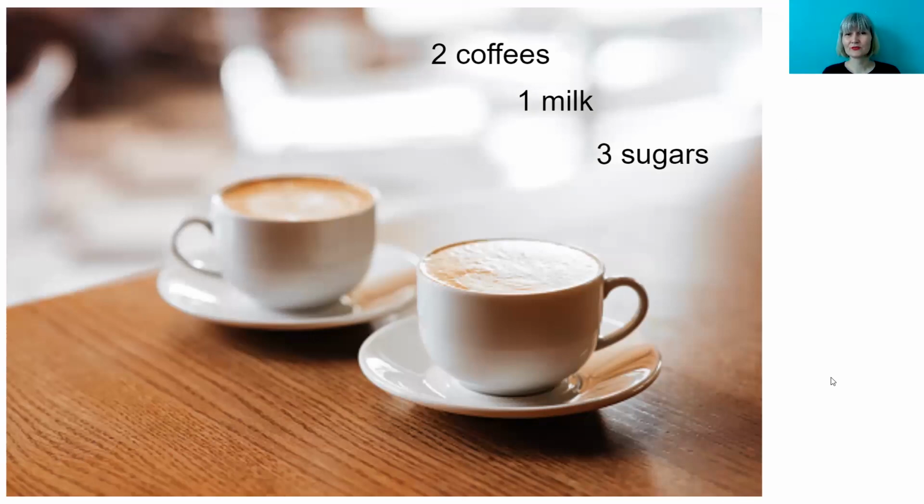И единственное, о чем бы я хотела еще сказать. So if you see 3 sugars, 1 milk, 2 coffees, right? Usually you can definitely hear this at a grocery store or a corner store or a restaurant when people make an order.